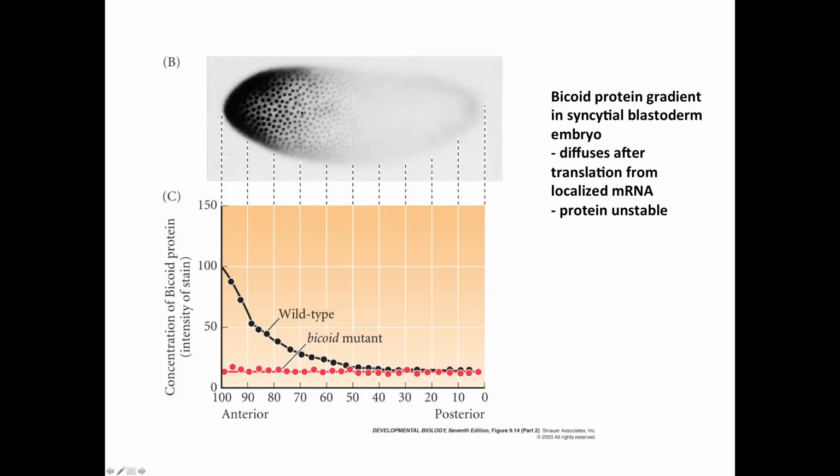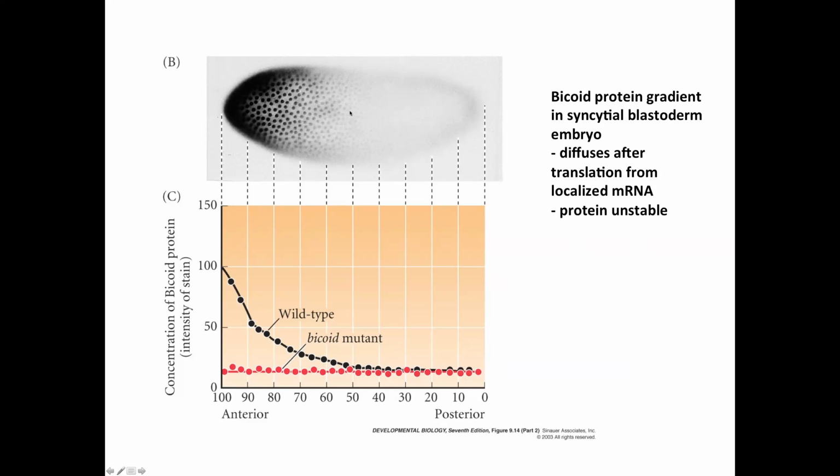And the localized translation of the mRNA into bicoid protein has given rise to this gradient. Now, at the posterior end, it is not that there is nothing here, there's no bicoid here. But what the posterior end actually does is actively repress the translation of bicoid.